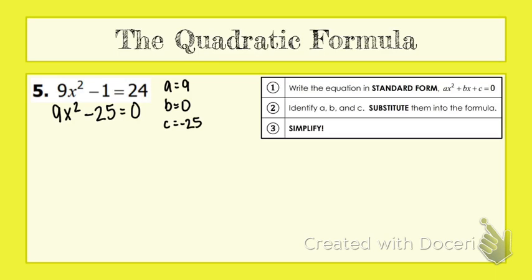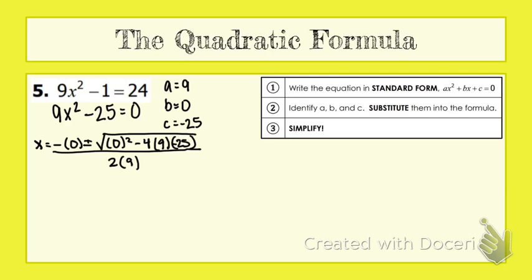And we're just going to plug all that in. X is equal to negative B plus or minus the square root of B squared minus 4 times A times C, all over 2 times A.